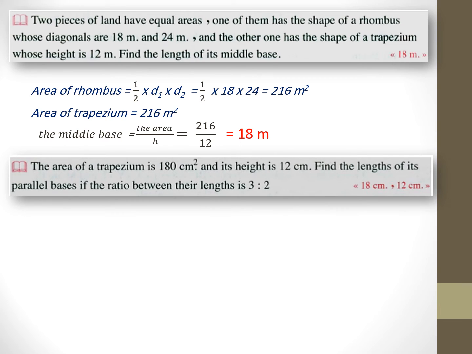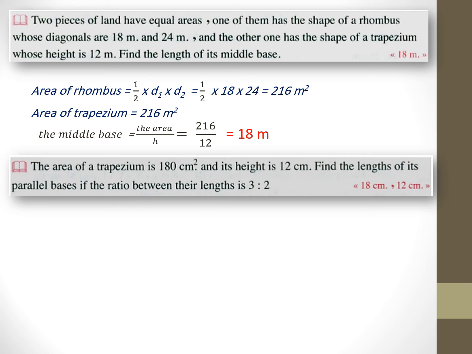Another example, the area of trapezium is 180 centimeters square and its height is 12 centimeters. Find the length of its parallel bases if the ratio between their lengths is 3:2. The givens here are the area of trapezium and the height of trapezium.